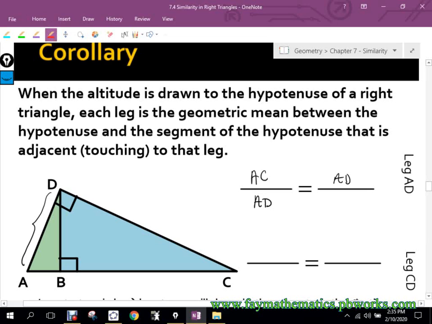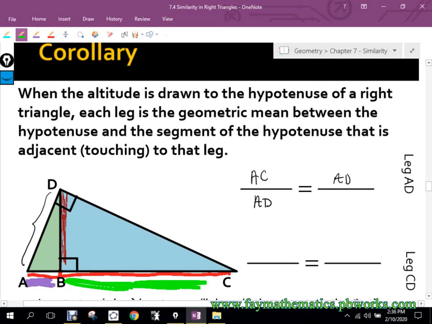So every time I draw this segment down, this interior altitude, it's going to create this point B. And when it creates point B, obviously that is my altitude, but it's going to take my hypotenuse and break it into two separate segments, right?